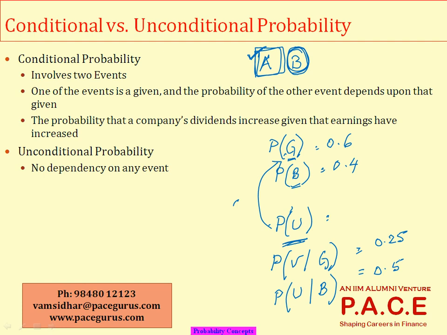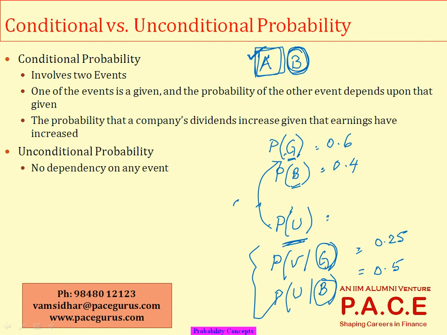I am saying 50%. So what we are saying is, if one event is depending on the other event, then we always express it in terms of conditional probability. Conditioning on the outcome that the economy is good, or on condition the economy is bad, I am finding out the probability of unemployment.